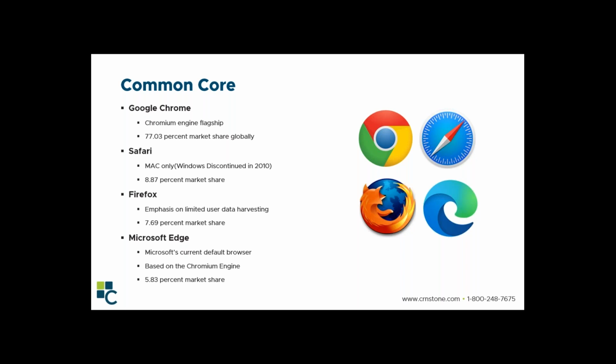The one thing I will mention about Safari, though, is that Google actually did an audit of their code last year and found that even though they tout being a very secure browser, there were some code issues that allowed cookies, which are trackers on the web, to track you across multiple sites, which was a feature that Safari kind of touted as being one of their differentiating things, that it wouldn't let cookies do that.